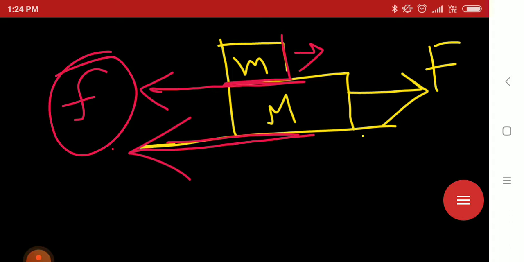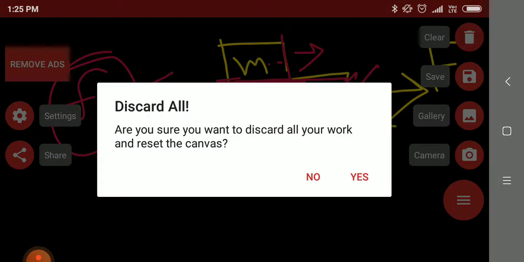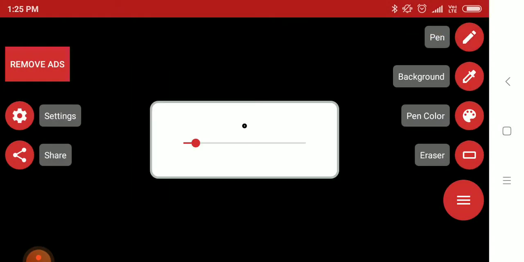This frictional force acts backwards on small m, but it will forward the capital M. Yes, this is very interesting. The frictional force between capital M and small m acts backward on the motion of small m, but forwards the capital M mass. You will get it very clearly when I draw the free body diagram. So let's draw the free body diagram.